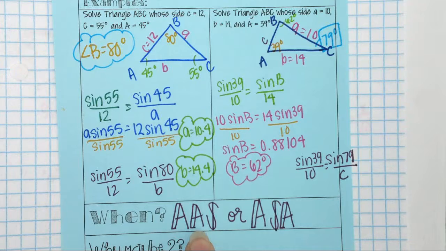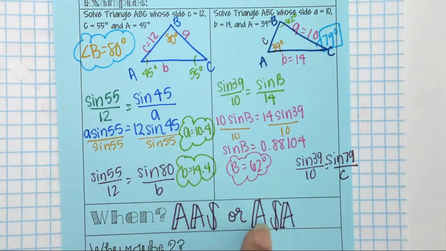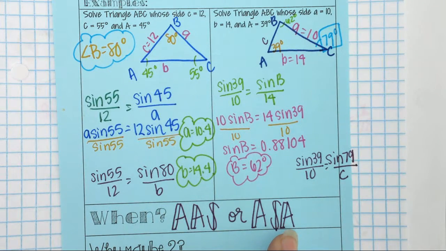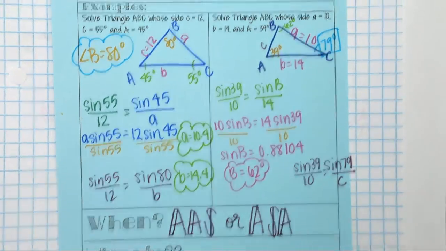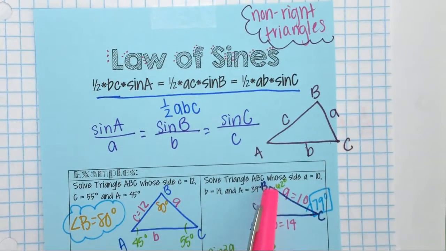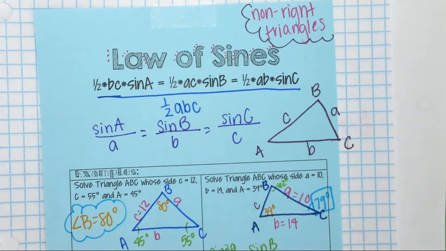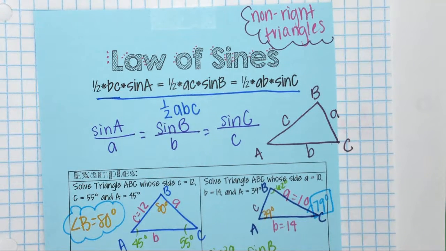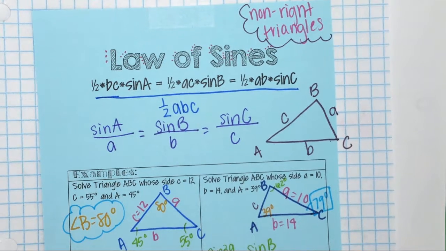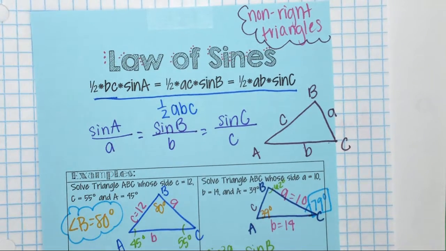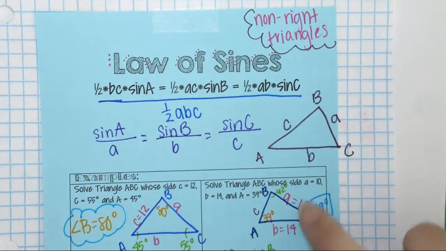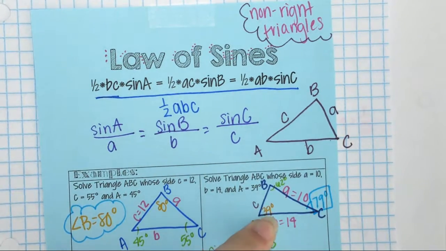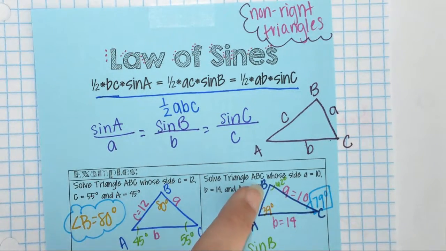Can you see that? Where it says angle, angle, side, or angle, side, angle? But how did we solve the second one if it was angle, side? Because we ended up being able to find it. The reason we were able to do it is because they gave us two sides and then this angle, and it asked us to find the angle.